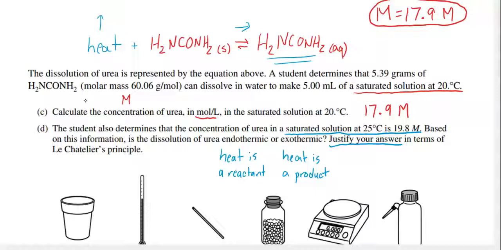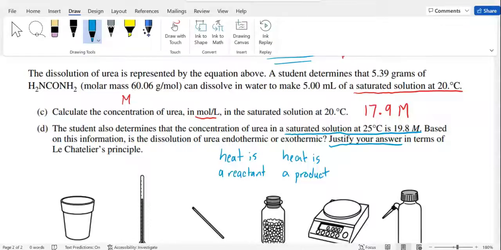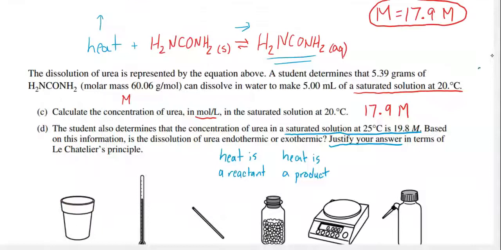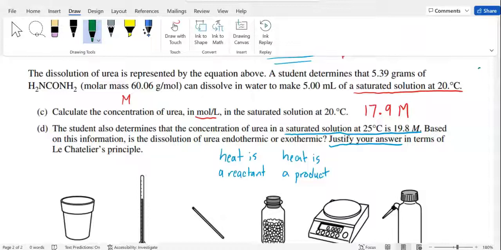If I had written heat on the right side, as a product, and I add that, then according to Le Chatelier's principle, it will shift to the left. So that is not what happens because we get more dissolving. So that is not the correct answer.